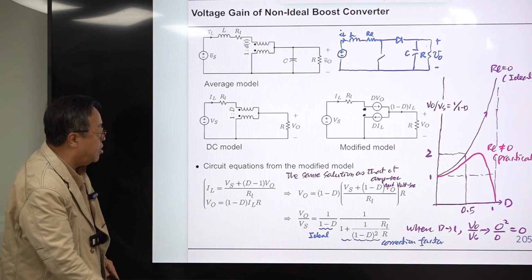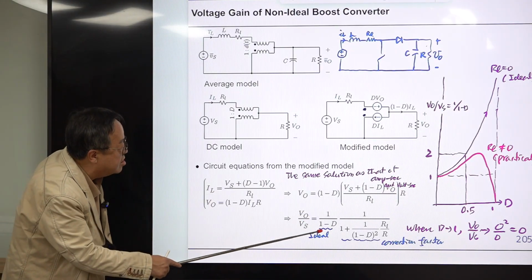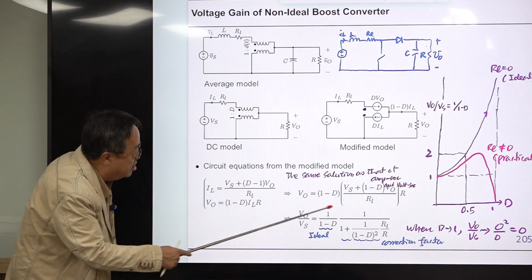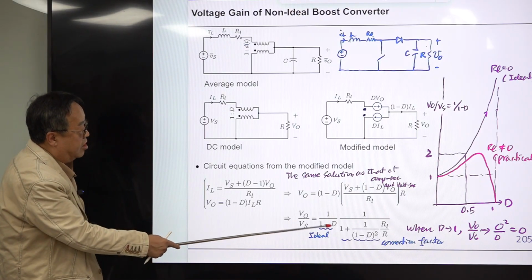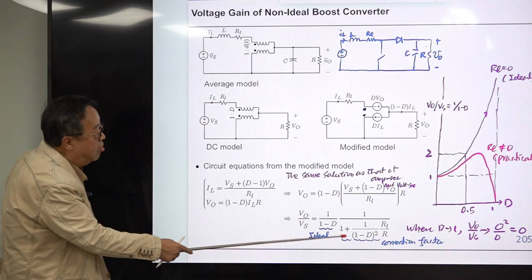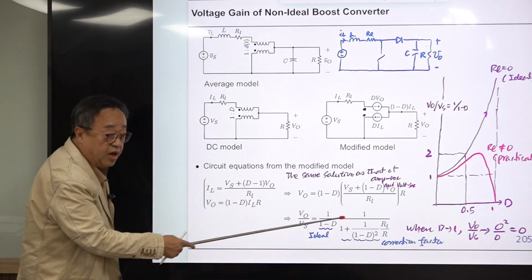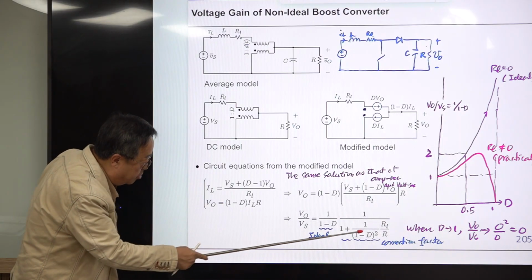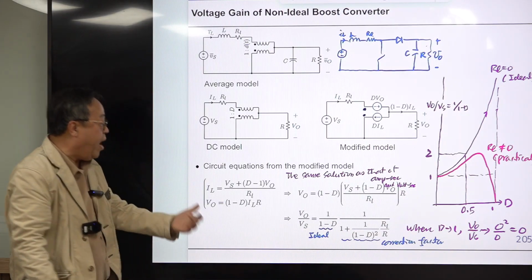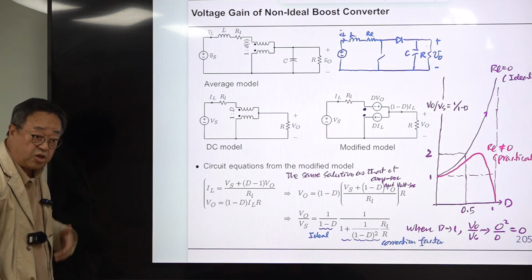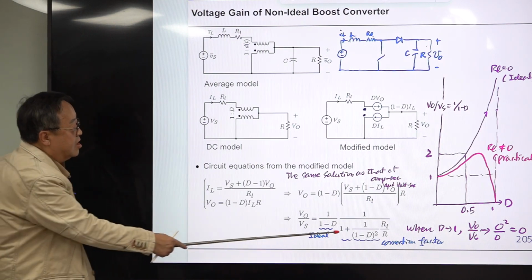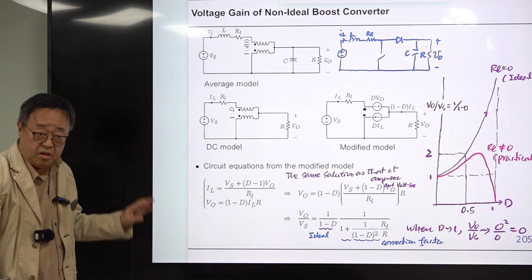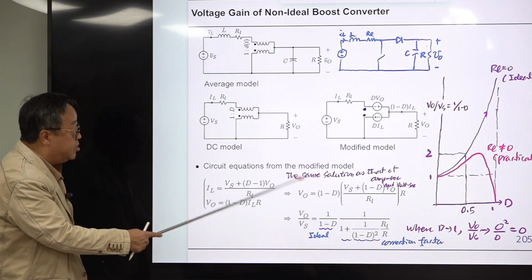Then you rearrange this in this manner. This is the voltage gain of the ideal boost converter, and you have some correction factor like this. If RL is 0, then this term becomes 1. So you come back to the ideal case. Otherwise, they are different. It has a very strong effect on this voltage gain.